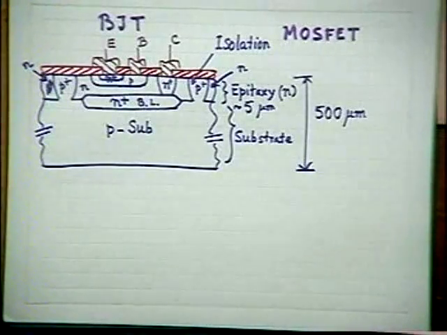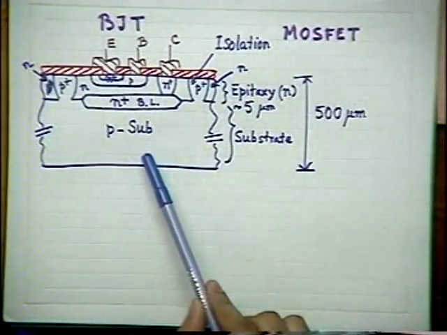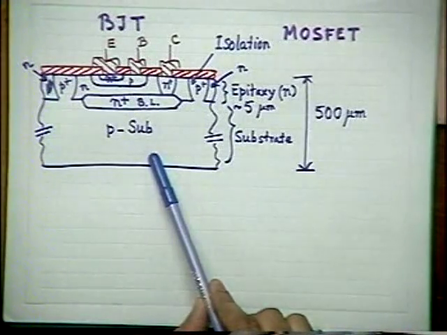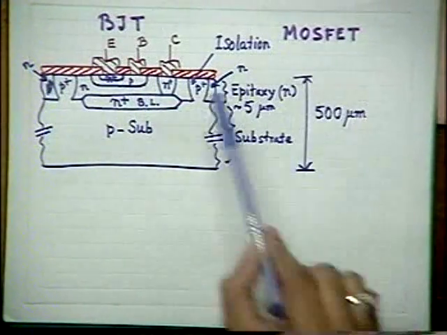And therefore, what we normally do while operating such an IC, bipolar IC, we keep the substrate at a reverse bias with respect to all the islands. If you keep the substrate, that is P, at a negative potential with all N-type blocks, you know the N-type blocks here.